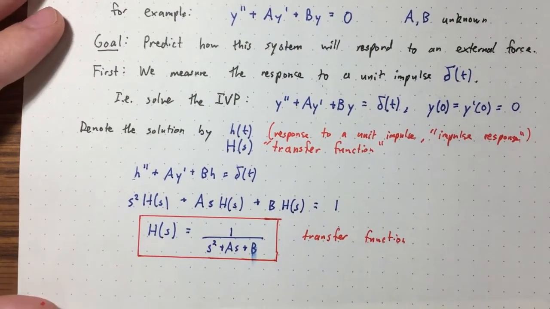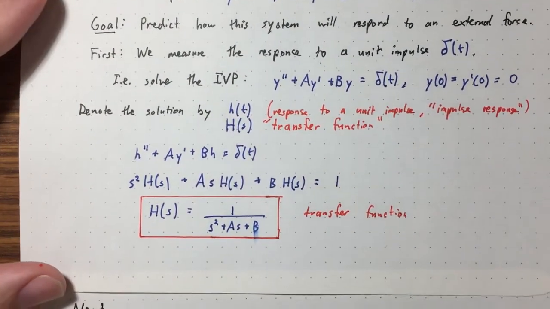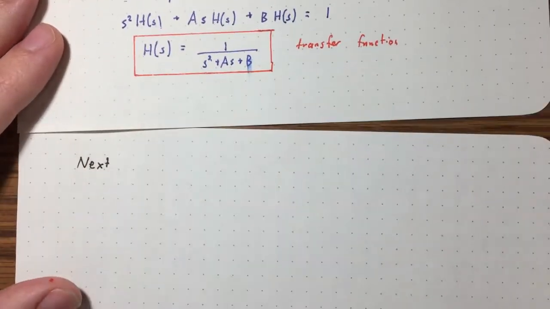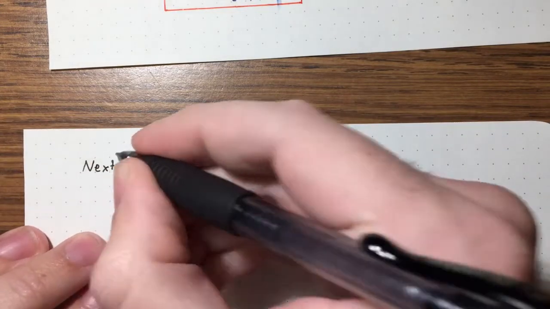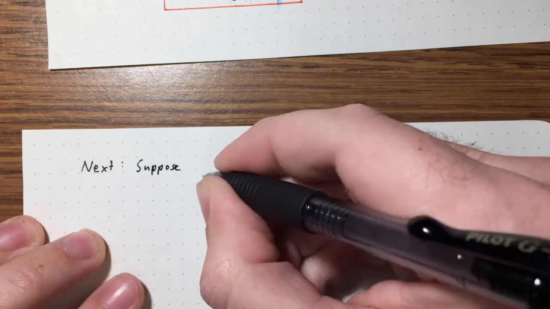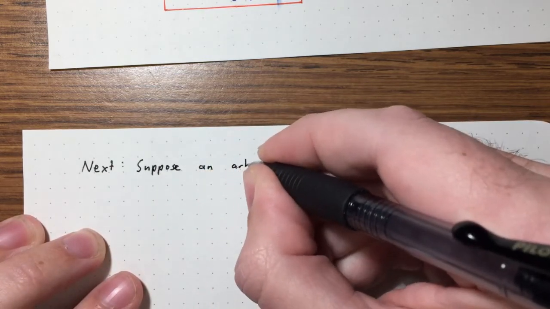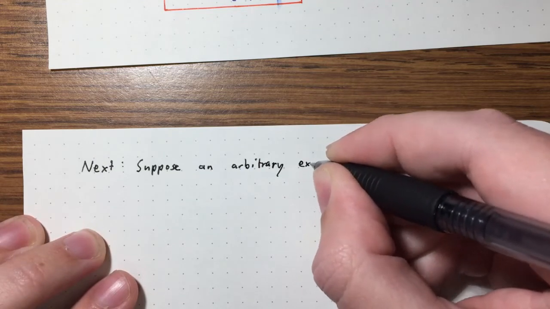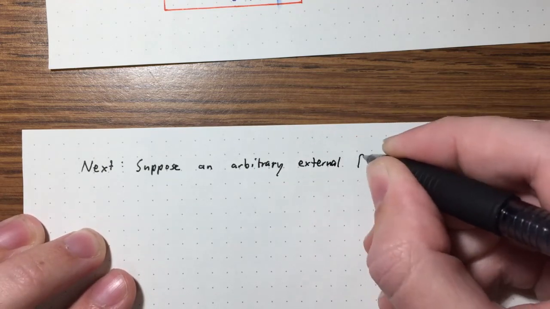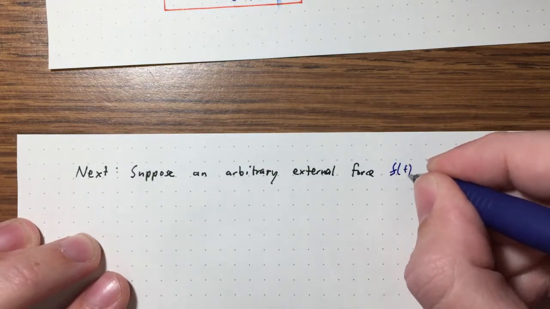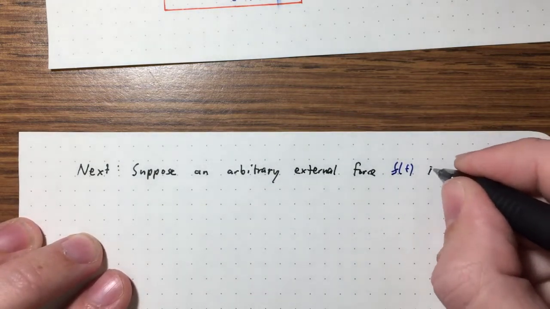Perhaps we can measure h of t here, or if we can't, we at least have the transfer function. Okay, so next, let's suppose that we add an external force. Suppose an arbitrary external force, and we'll call this f of t, is applied to the system.